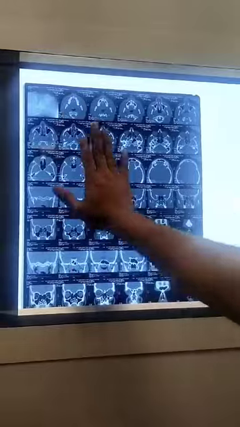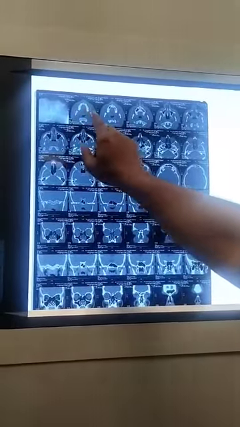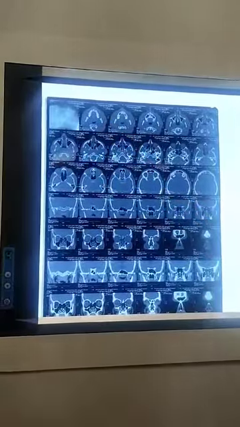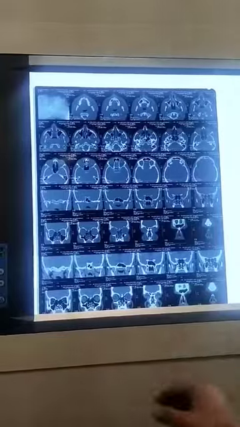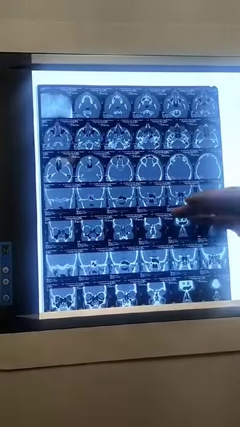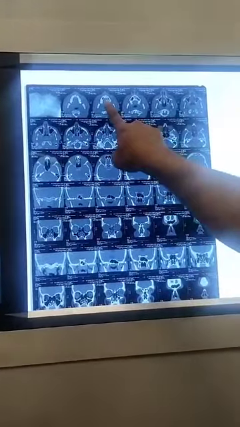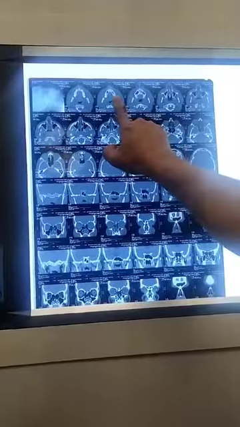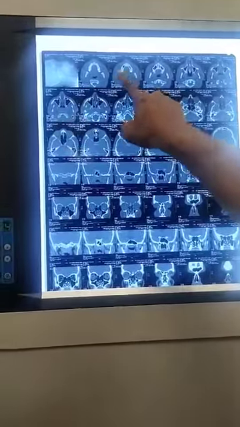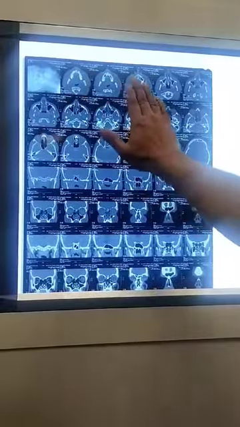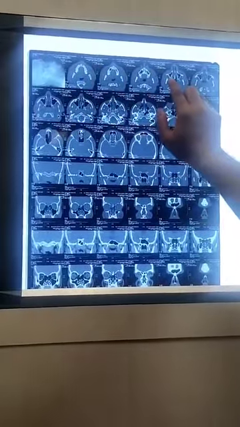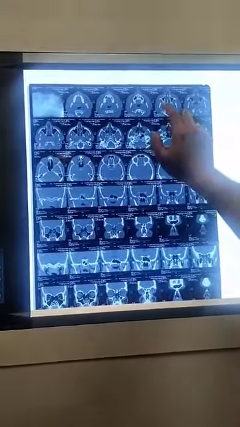Then we go from above downward, we can see these are those sections of the axial view which are at the very basic level of the nose, right? From here, this is something which is very much close to the alveolar area. Okay, so if you go further down, you can see now the maxillary sinus is coming.